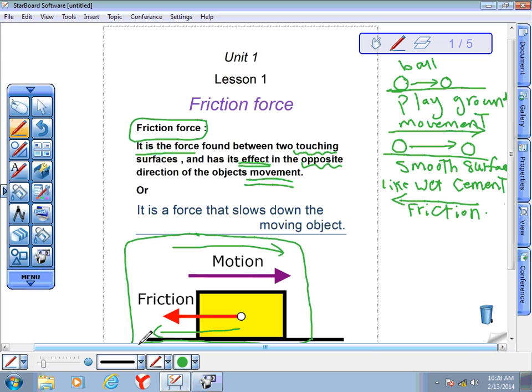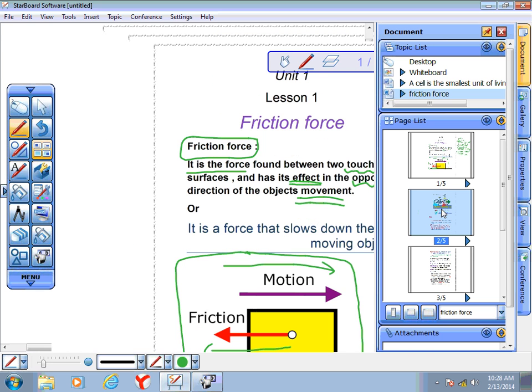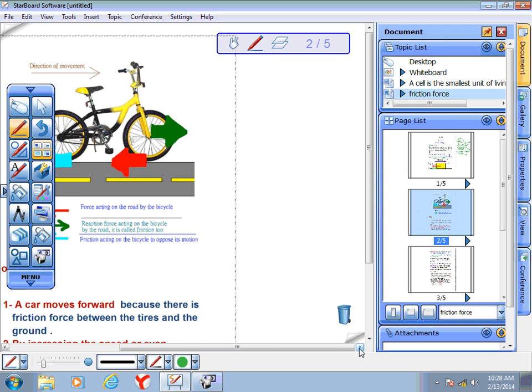We can see another picture to understand the concept of friction force. Look at this figure, Primary 5.